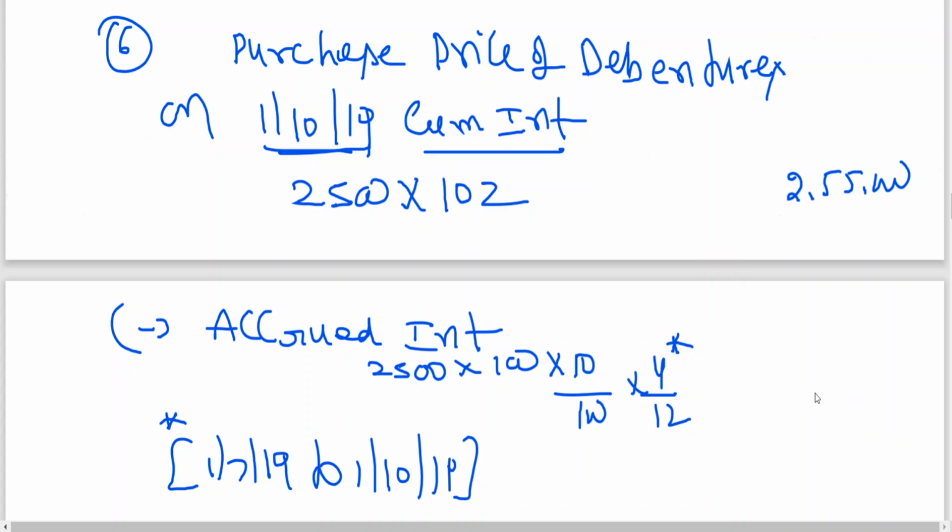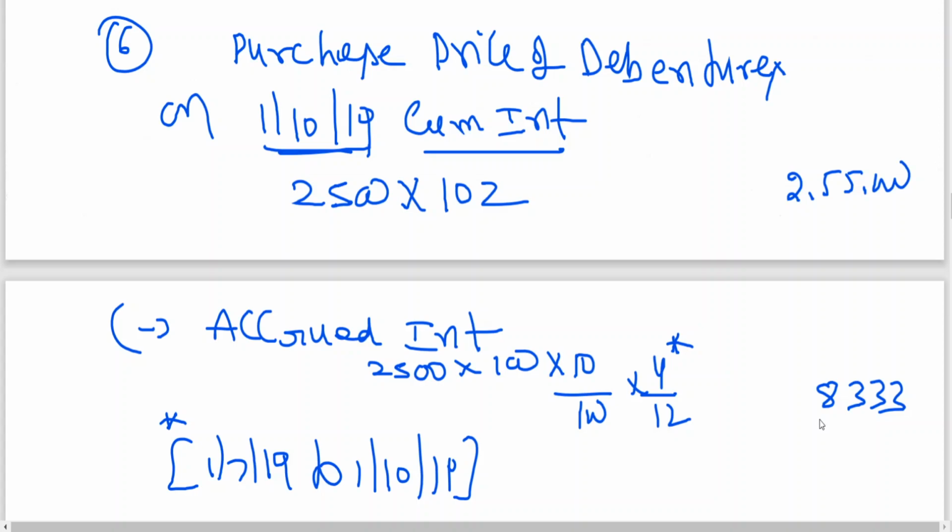Calculation: 2,500 into 100, 10%, into 4 by 12 is coming to 8,333. Clear to all of you? So I have calculated accrued interest from 1st July 2019 to the date of purchase, 1st October 2019.